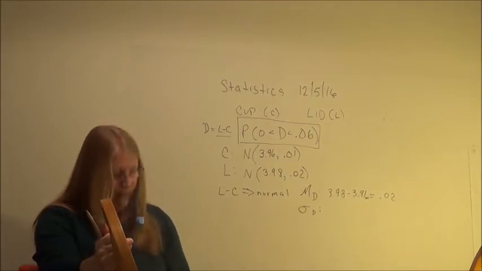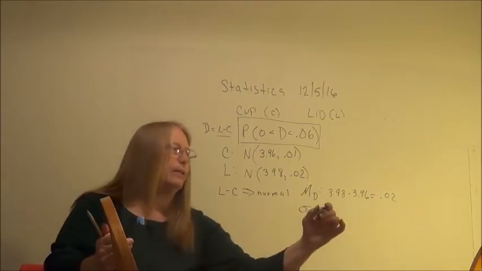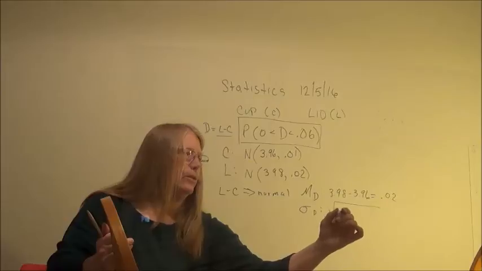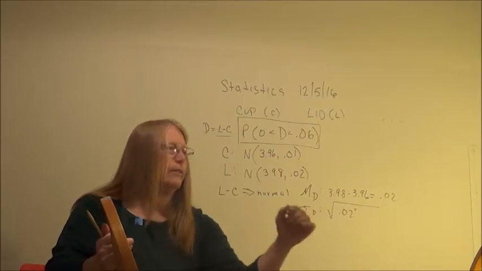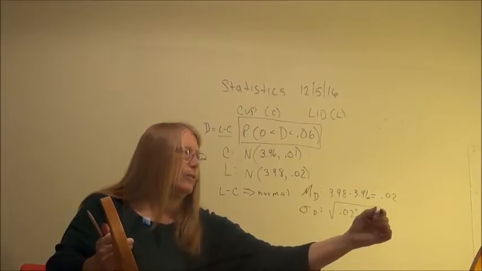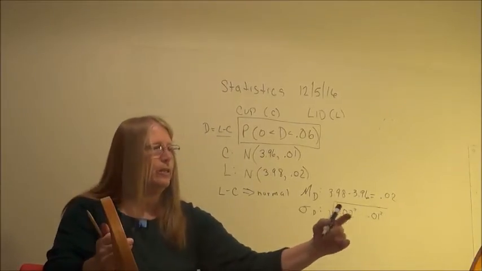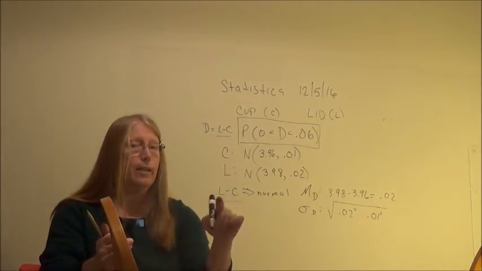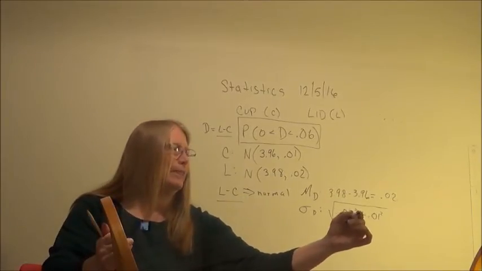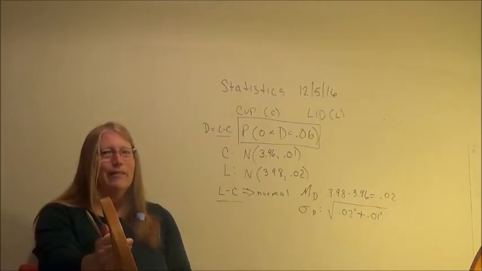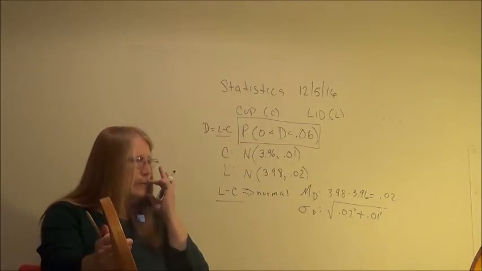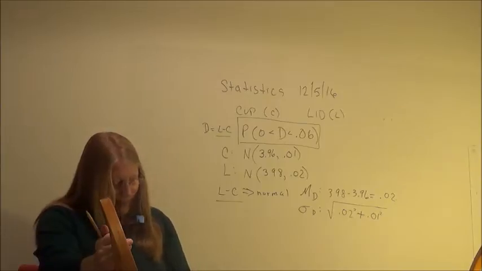We're going to take the standard deviation of the first, 0.02, and square it because that's the variance, and the standard deviation of the second and square it because that's the variance. And what are we going to do with these two when it's L minus C? We're going to add them. That's the point of most of our class today.